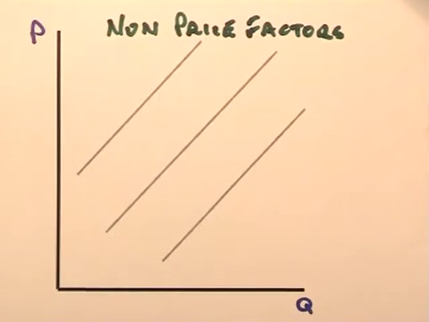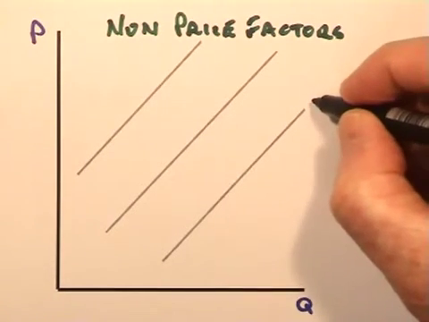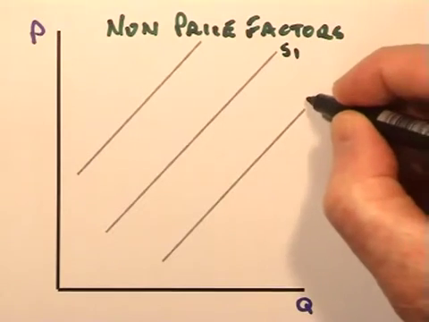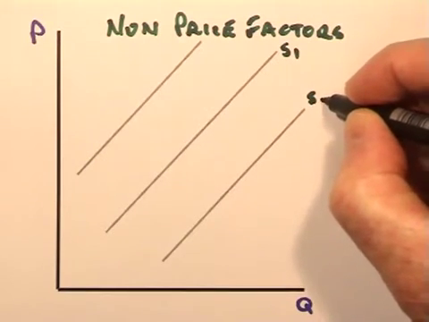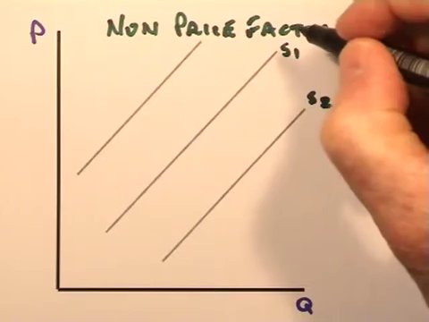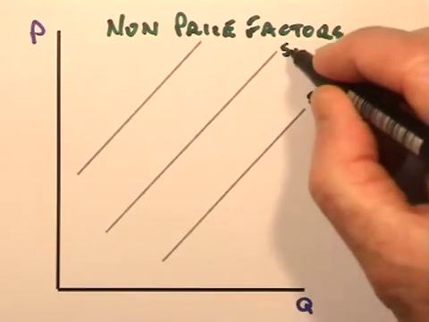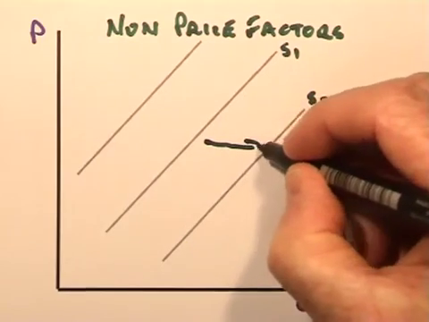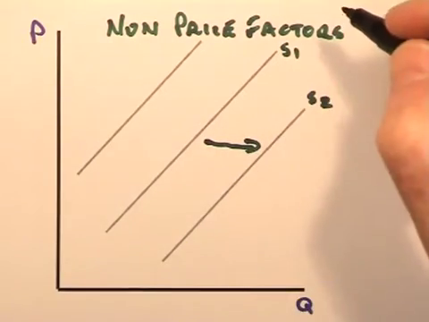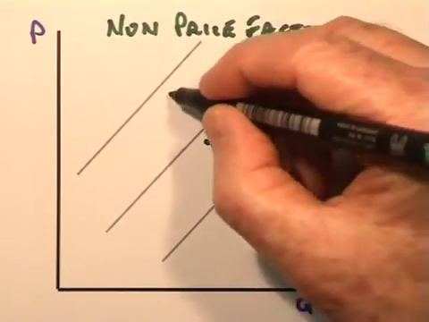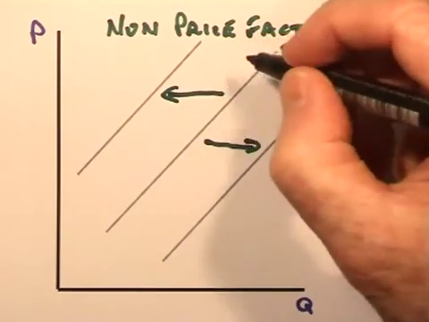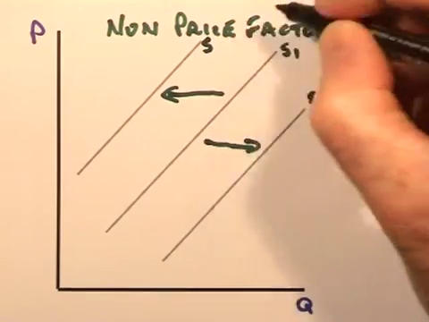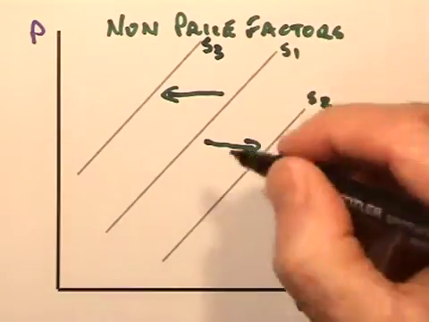In this case, in our original graph, it should have been in the original curve at S1, we can have a shift to the right to S2, or we can have a shift to the left to S3.